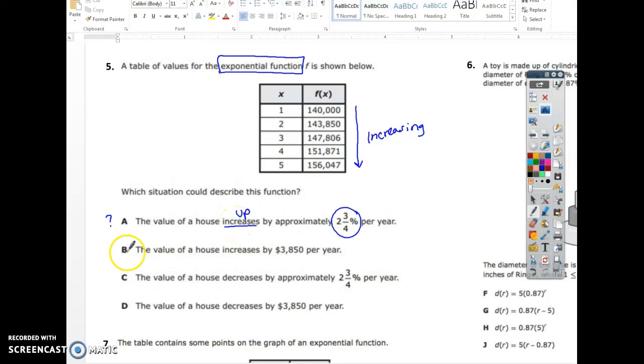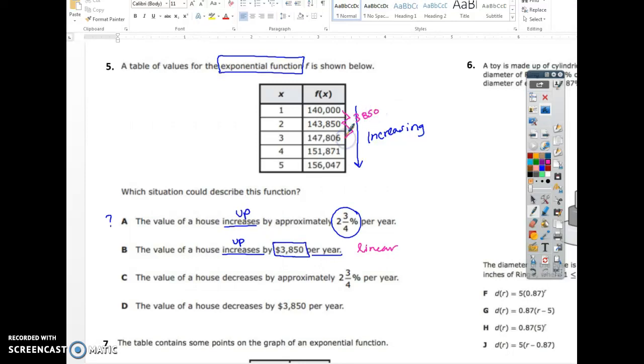Letter B says that the value of the house increases, it goes up, by 3,850 per year. That sounds like a slope to me, and that sounds like it's linear, okay? Linear. Because it's saying that every single year it's going up by 3,850. Well, right here it went up by 3,850.